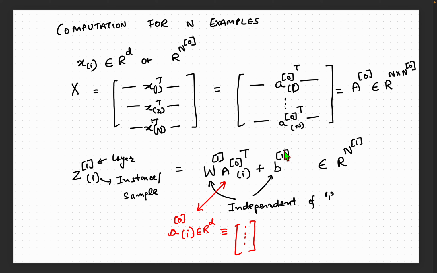That's where we have A subscript i, where i denotes the ith example. So if we do this computation, we are going to get a summation term z, which is of size n superscript 1, where n superscript square bracket 1 shows the number of nodes in the first layer. Right? Same thing, we are just trying to vectorize this over n examples.